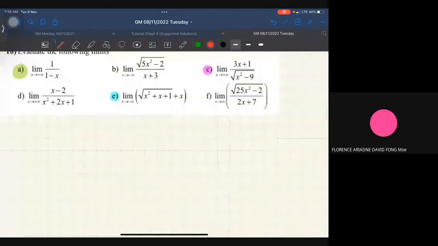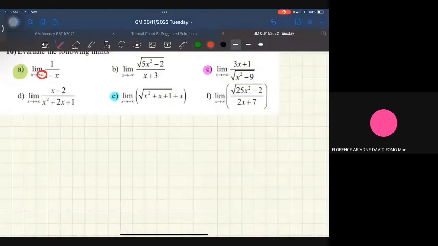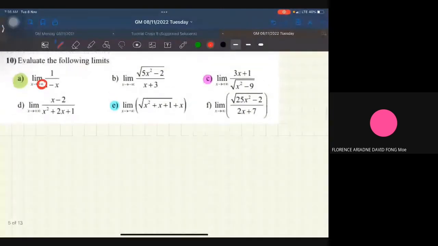Sekarang awak ada X infinity. Bila masukkan kat dalam ni, awak akan dapat jawapan 1 divide by, you have 1 dekat sini, and then you have minus X dekat sini. Awak akan ada 1 tolak infinity.